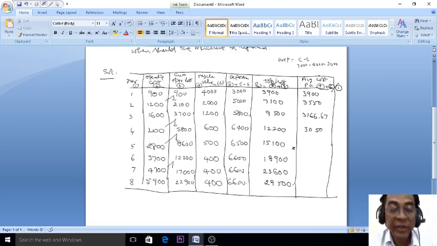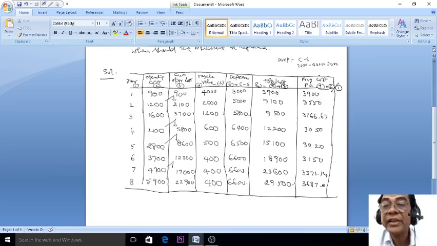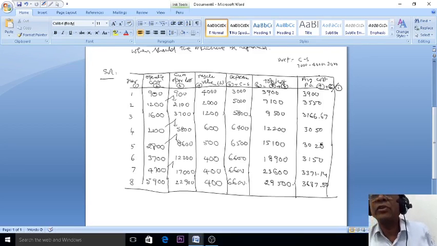Use a calculator and you will get this answer. 3050, 3020, 3015, 3371.14, and 3687.50. See, the average cost per annum equals the sixth column values divided by the first column.